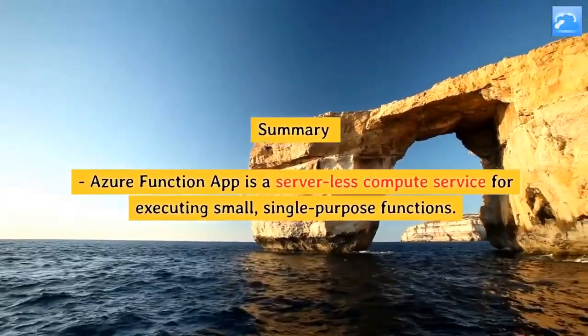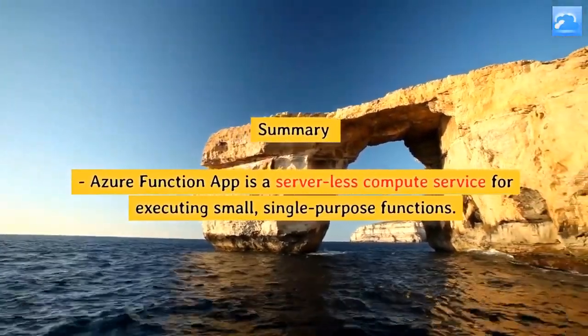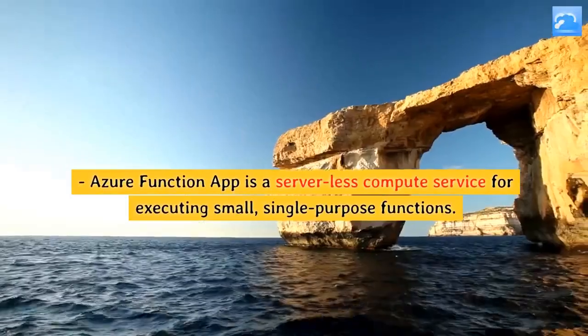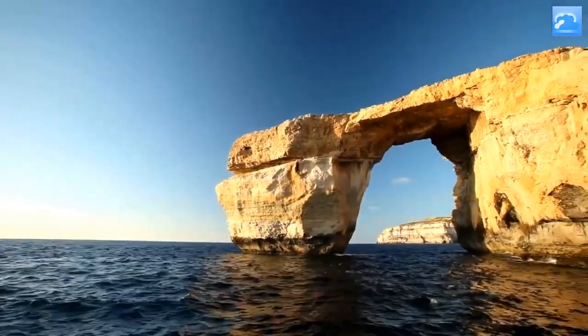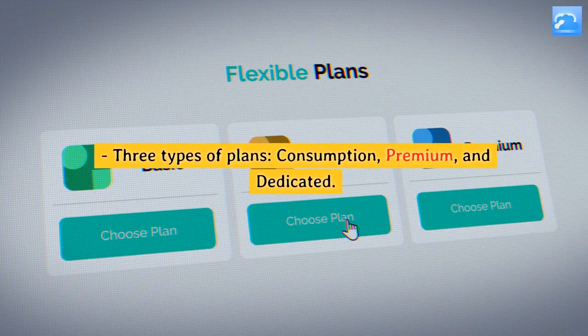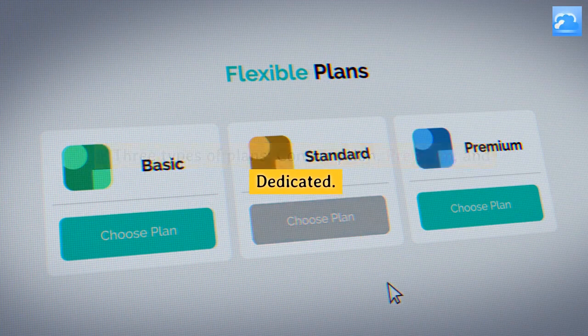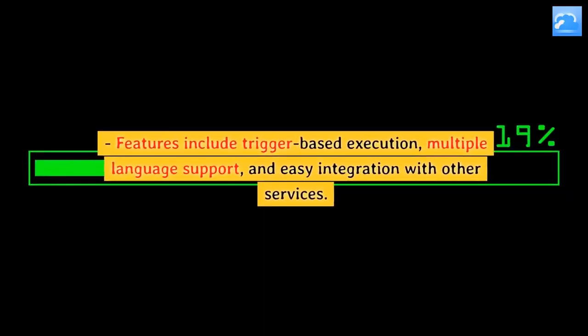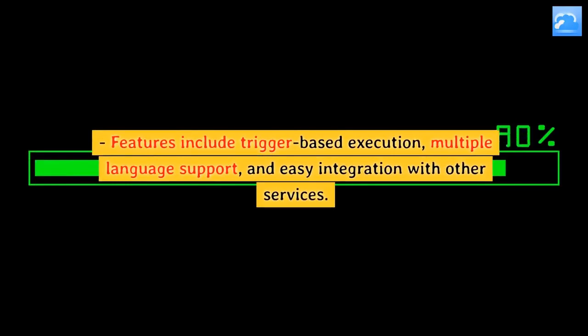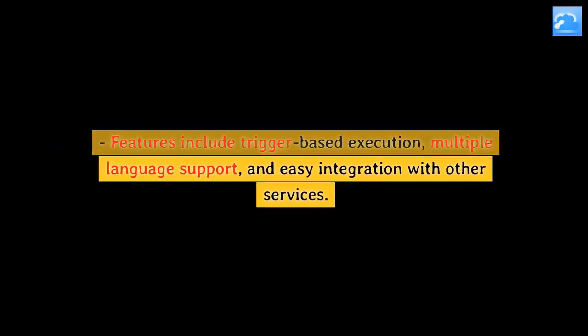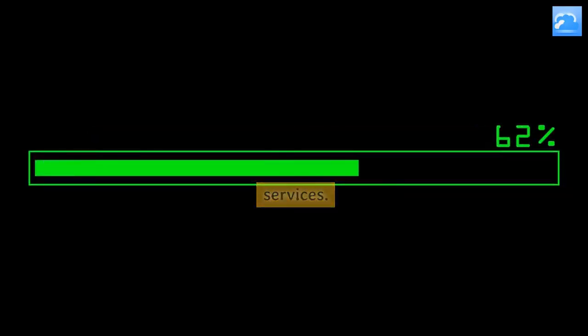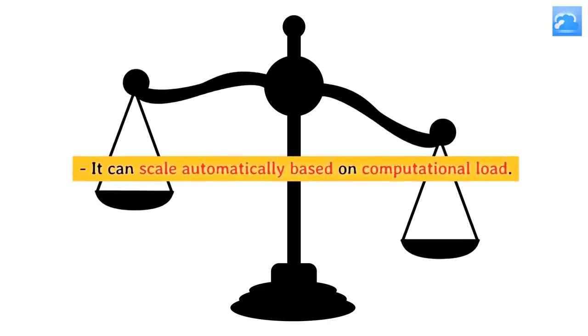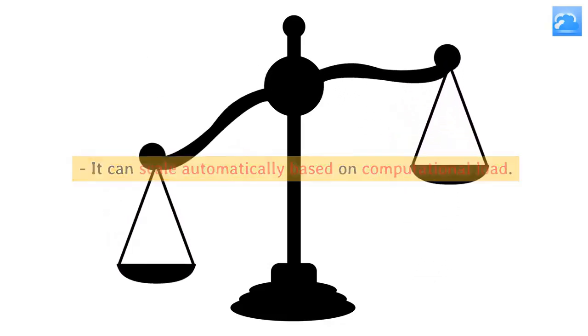Summary: Azure Function App is a serverless compute service for executing small, single-purpose functions. 3 types of plans: consumption, premium, and dedicated. Features include trigger-based execution, multiple language support, and easy integration with other services. It can scale automatically based on computational load.